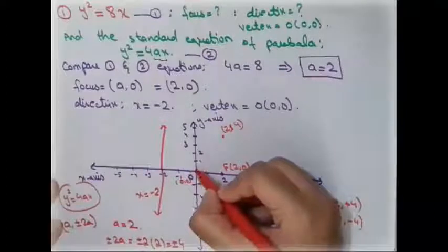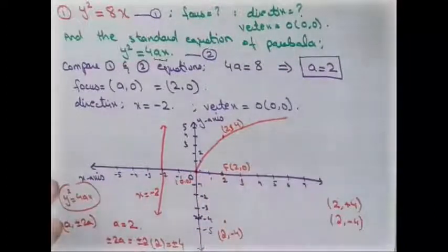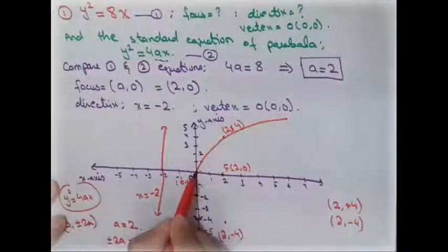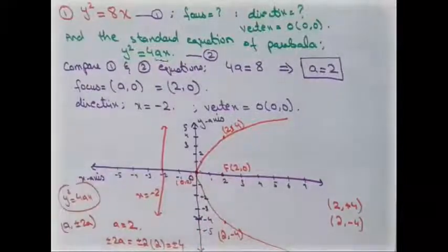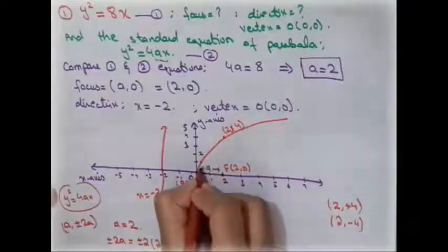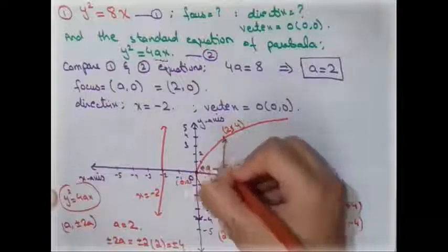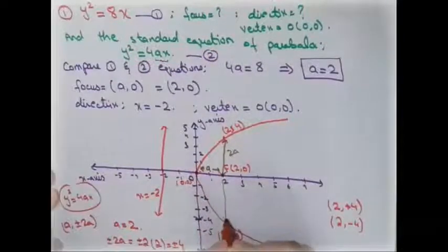If I join these 2 points, then we will find the required parabola. Always remember one thing: if this length is a, then this length will be 2a. In a similar way, the length of this is double a, meaning 2a.